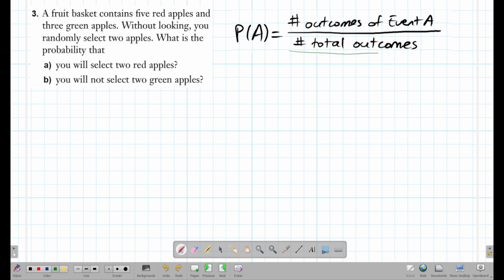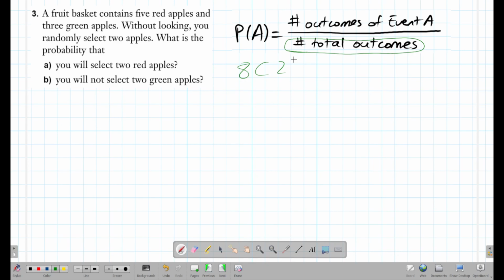So let's do first the total number of outcomes. This is a little bit easier to do, because there's no restriction. You basically pretend that you don't care about the colors, and you're just picking 2 apples from 5 red apples and 3 green apples. So we're really just doing 8 choose 2, or 8C2, because we have 8 objects, and we're just choosing 2 out of them.